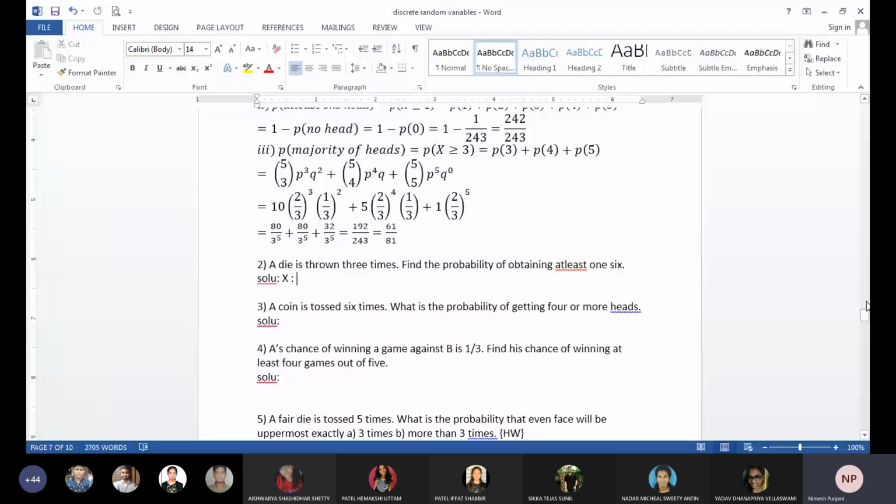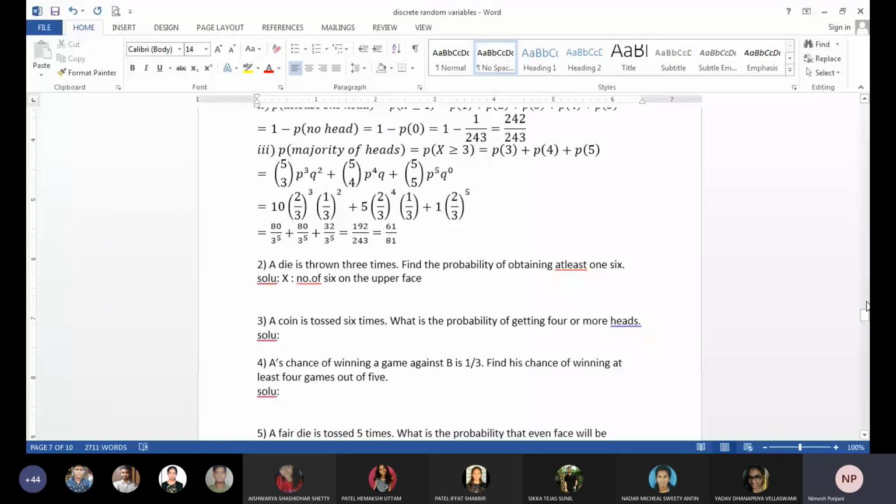So what we do is we take x as the number of 6s on the upper face. What is my n in this case? What will be my n?